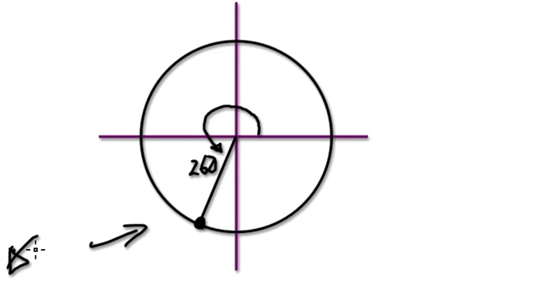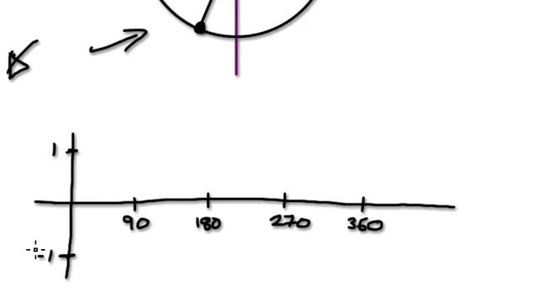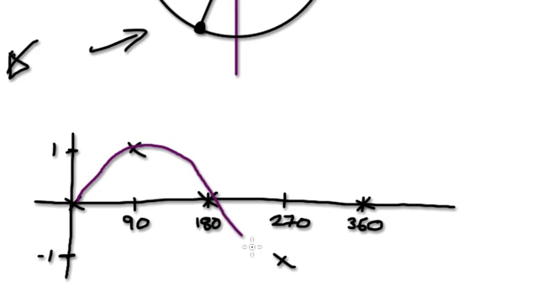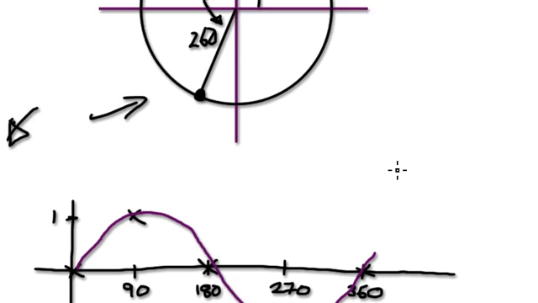Okay, so to do this, sketch your sine graph. Your sine graph will look something like this. 0 here, 90 will be 1, this will be 0, this will be -1. Okay, and this point here is 260.